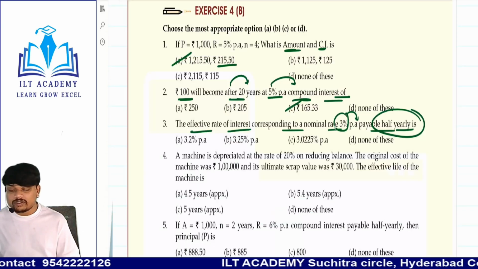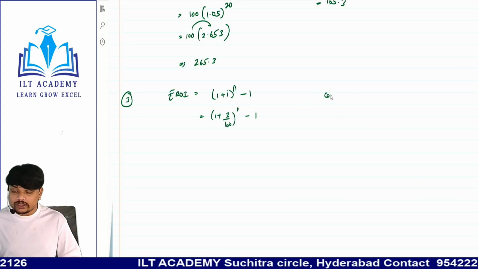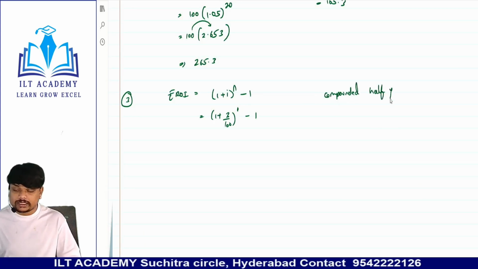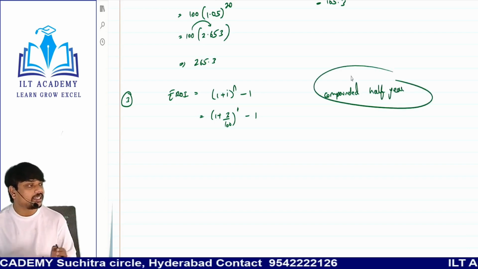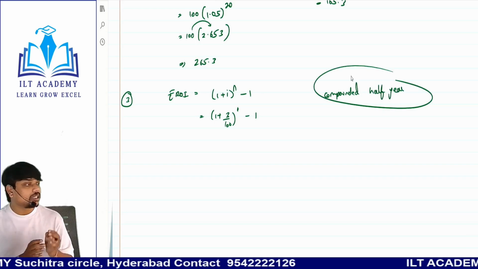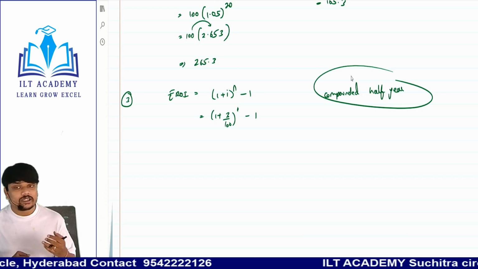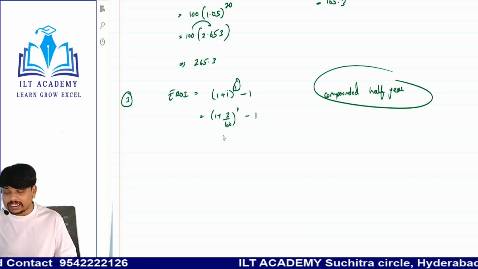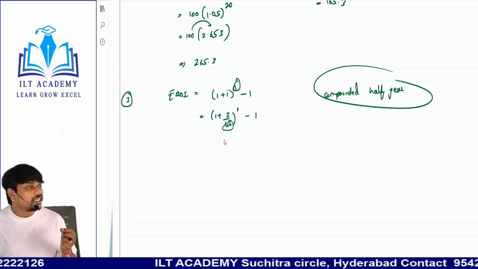But in the question they are telling what? Payable half yearly. Payable half yearly means it is going to be compounded on a half-year basis. Till now what I have taught you is compounded yearly. Now whenever the question says compounded half yearly, monthly, semi-annually, or quarterly, you need to multiply n and this 100 part with how many times it is compounded in a year.